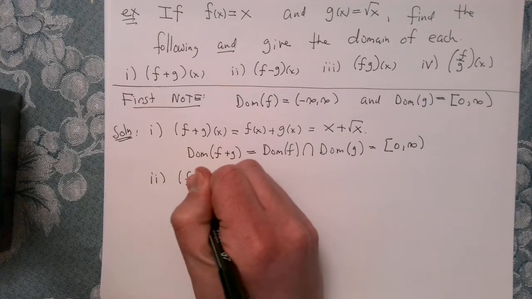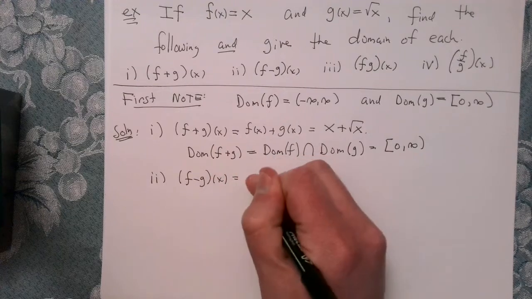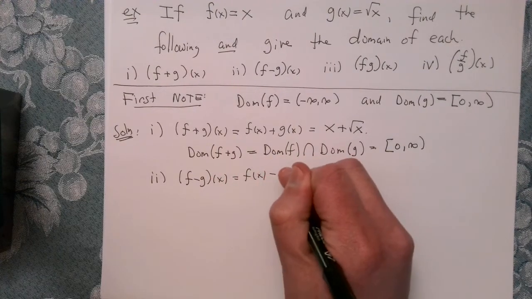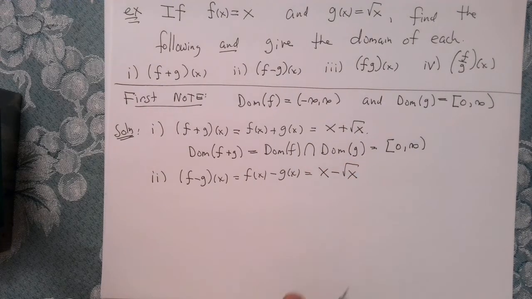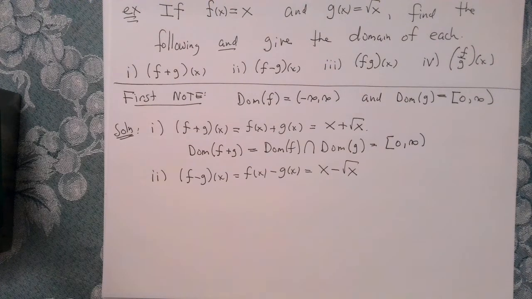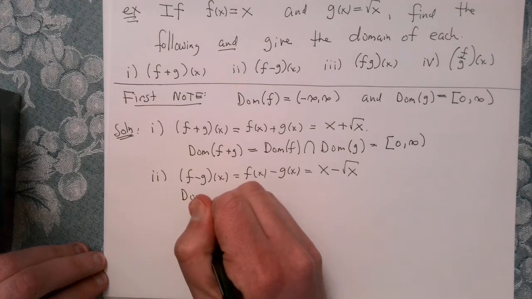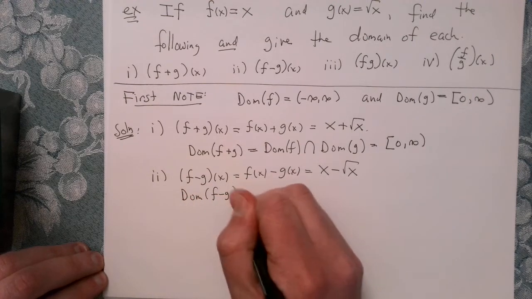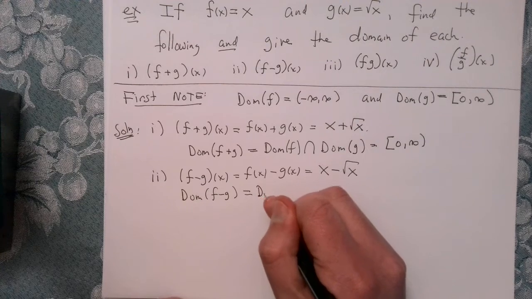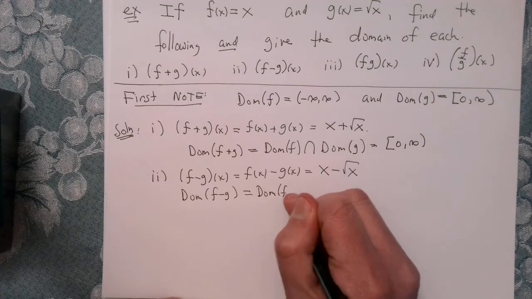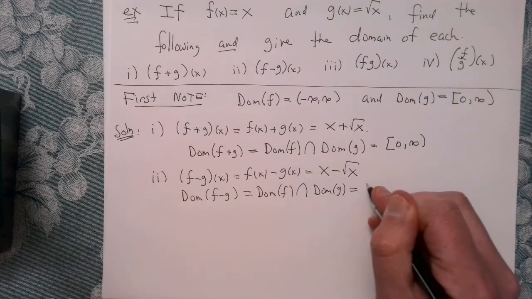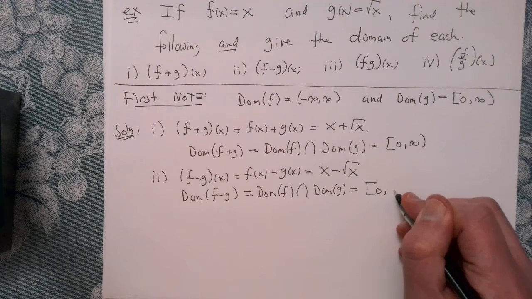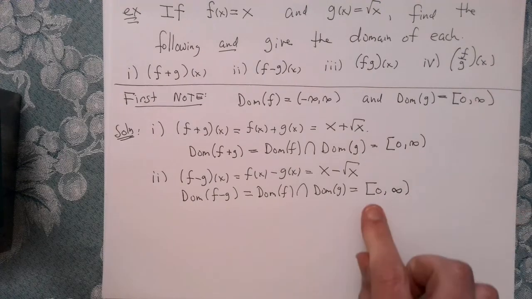Okay, so the difference, exactly as you'd imagine, that's f of x minus g of x. But that's exactly x minus the square root of x. Okay, and so the domain of f minus g, again, is the intersection of the two domains, f and g. And again, that's the interval from 0 to infinity, including 0.